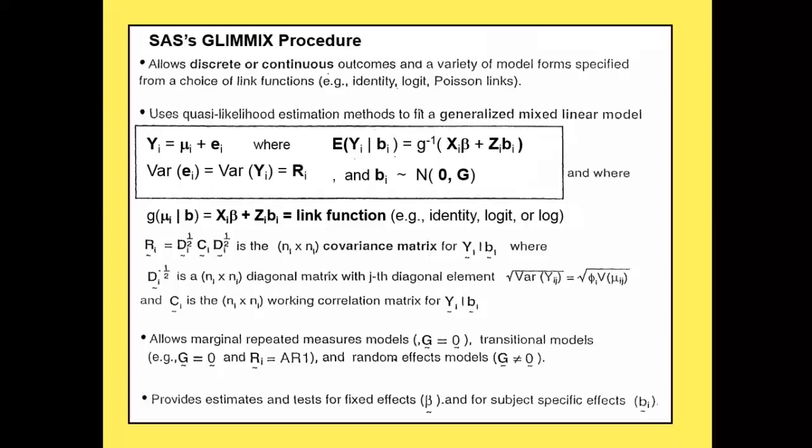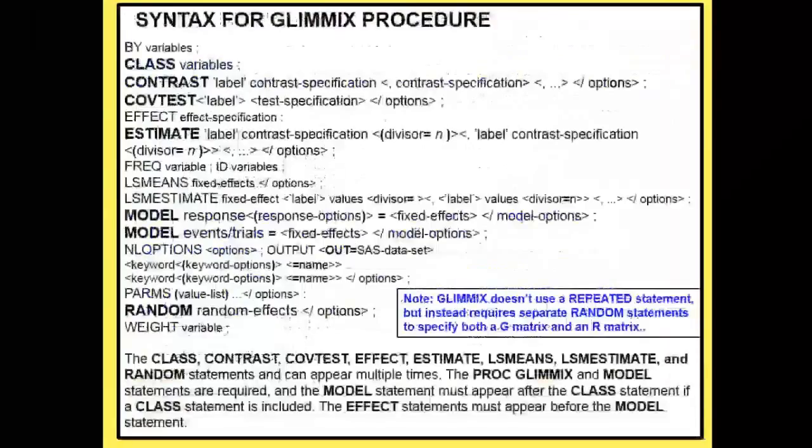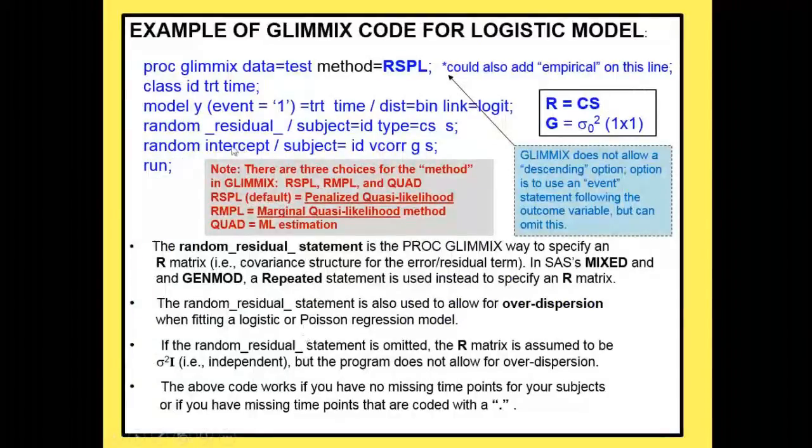Now, in the code I showed you at some point, you see where it says random underscore residual underscore, and then it's got subject equal ID, type equal to CS. That's the correlation structure that's being used. But you see the underscore residual underscore.